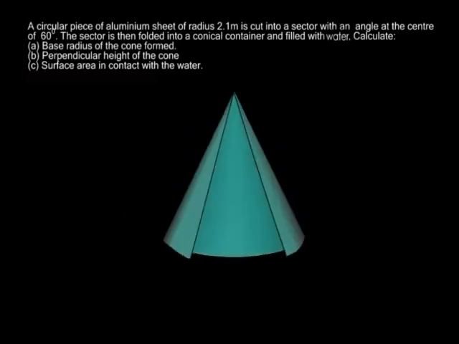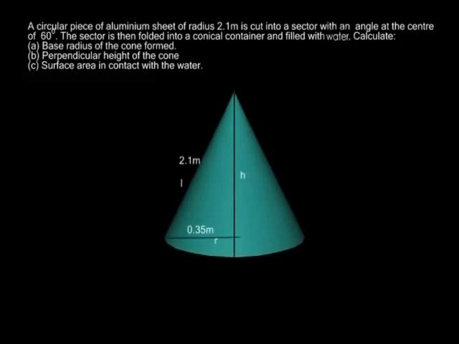B. The perpendicular height. Look at the folding once again. You realize the radius of the sector becomes the slant height of the cone, L. So we have 2.1 meters here. If we draw these lines here, you will notice that a right-angled triangle is formed, and from Pythagoras' theorem, L squared is equal to h squared plus r squared. Therefore, h squared is equal to L squared minus r squared.